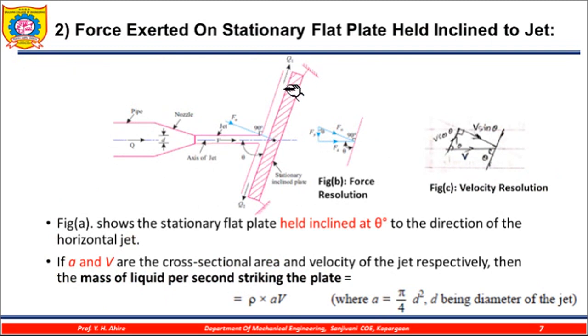Can you see here? This is the Q1 stream upward, this is the Q2 stream downward, and both are along the tangential direction to the plate.